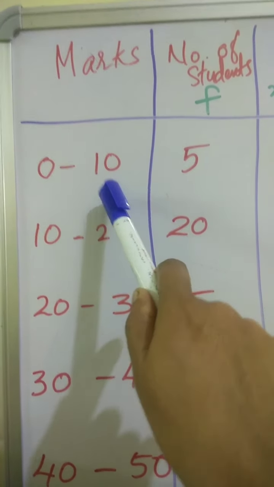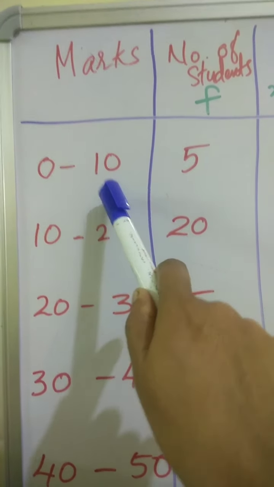So find out the fx column, then f dx, that is frequency into the dx column. Then the f d dash x column. This is d dash, this is f. So multiply both, and you will get f d dash x.